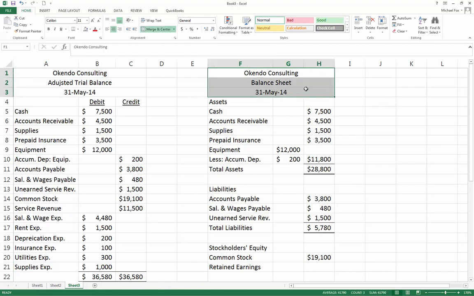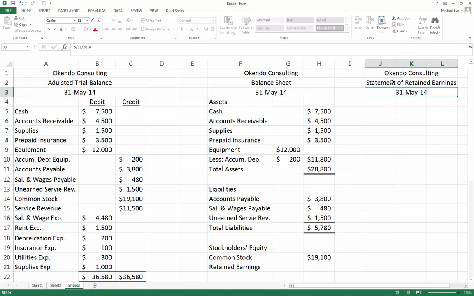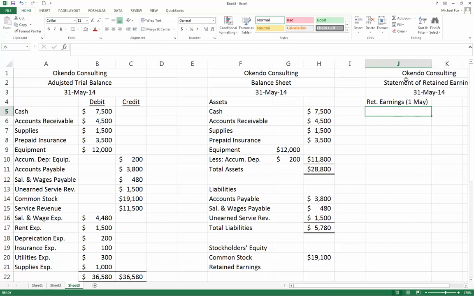My statement of retained earnings would show my retained earnings at the beginning of the period, which were 0. Let's do the 0 here.